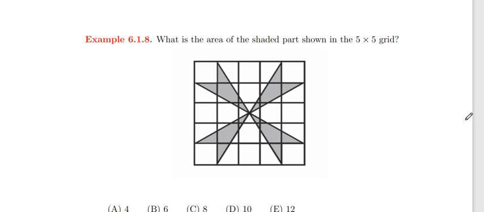For this problem, we want to find the area of the shaded part in this 5 by 5 grid. Suppose each small square is 1.